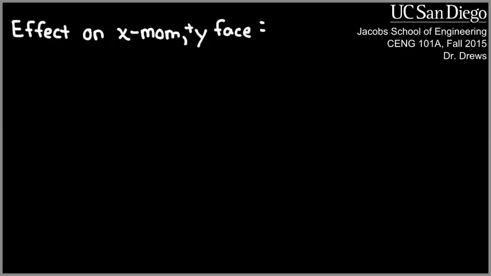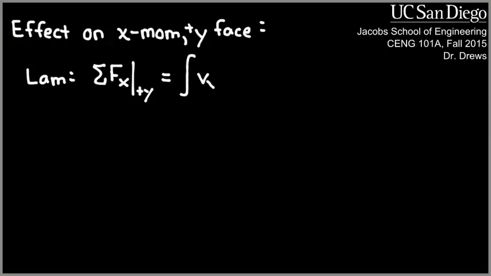So if we remember from our discussion of laminar flow, if I wanted to sum up the forces in the x direction on the plus y face, remember we're just dealing with that plus y face for now, that would be, at steady state, I have no time-dependent term, so it's just going to look like a flux integral.